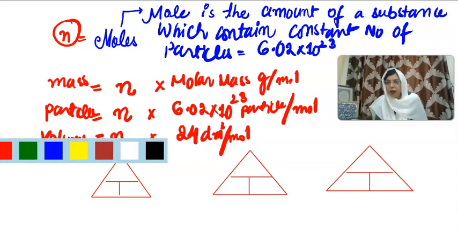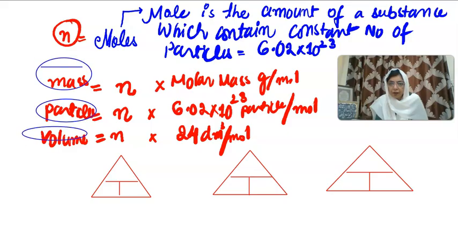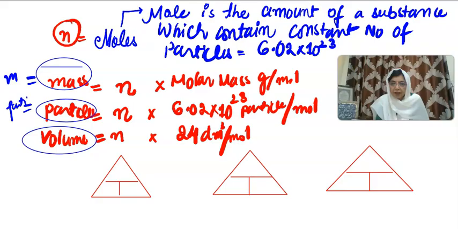Now this part of the formula is placed at the top of the triangle. For example, you have written here mass, particles, and volume. So for mass, you put mass here.